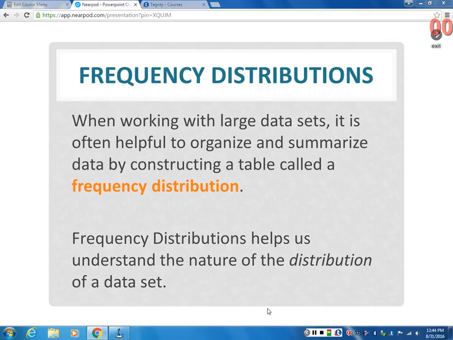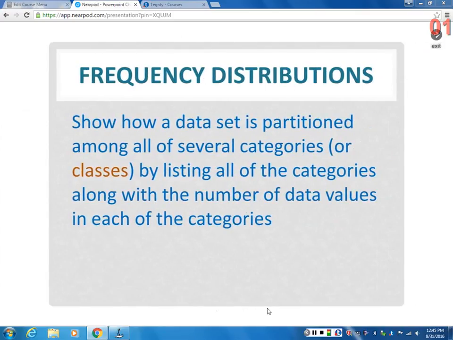The frequency distribution also helps us understand the nature and the spread of a set of data. They show how all the data is partitioned among several categories, or we call those classes most of the time, by listing the categories along with the number of data values that fall into that category.